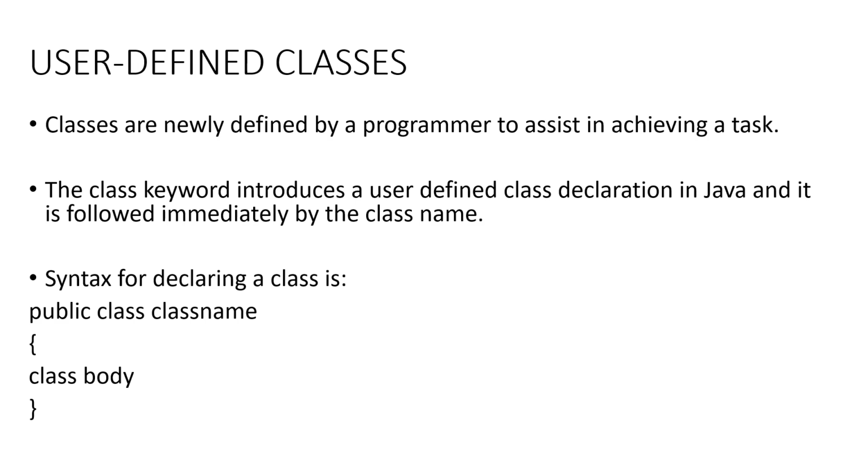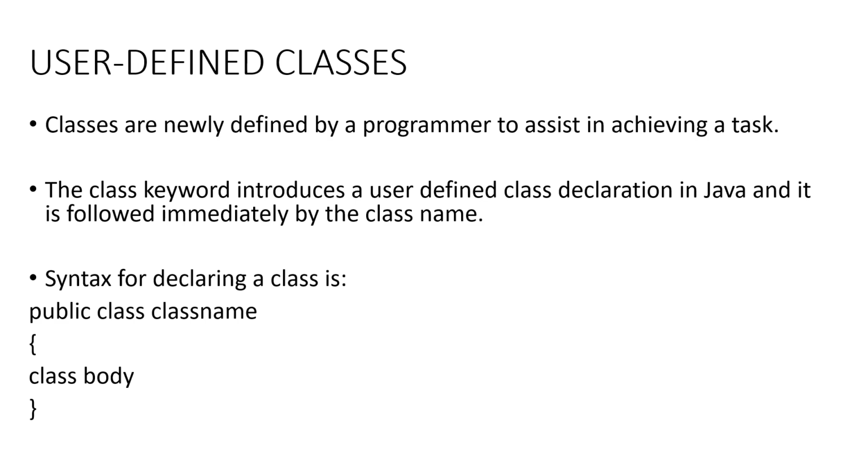But user-defined classes are classes that are newly defined by a programmer to assist in achieving a desired task. The class keyword introduces a user-defined class declaration in Java. You use the keyword class. Don't forget that keywords are reserved words. I know we have learned about this in our first semester class where we talked about different keywords in different languages.